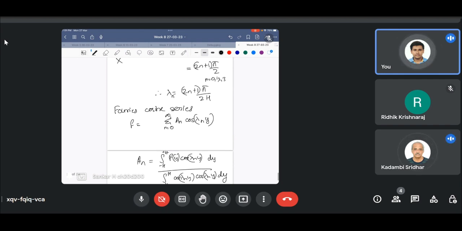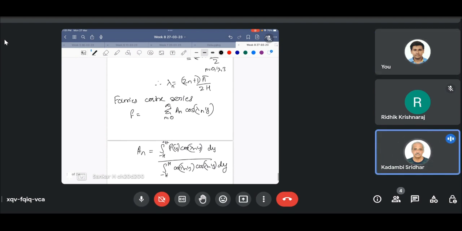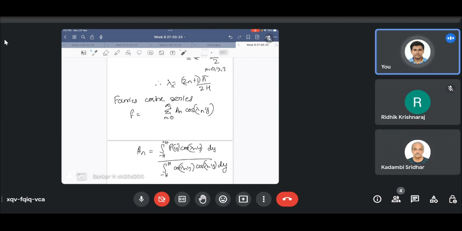This is all part of Fourier series analysis.